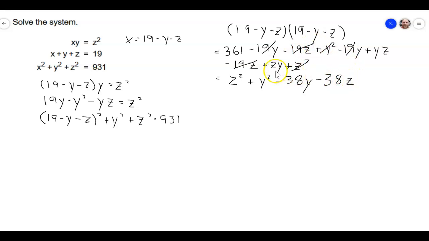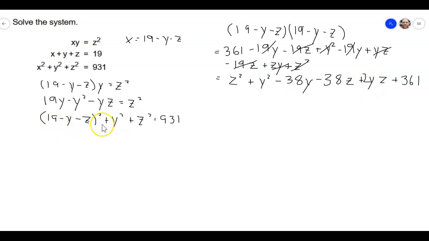Okay, and then I have a plus zy and a plus yz, so since multiplication is commutative, I have a plus, I'll call it yz. Alright, and then finally, we have a plus 361, plus 361. Alright, so this is, oh, this should be a 2yz, excuse me, because I have two of those.